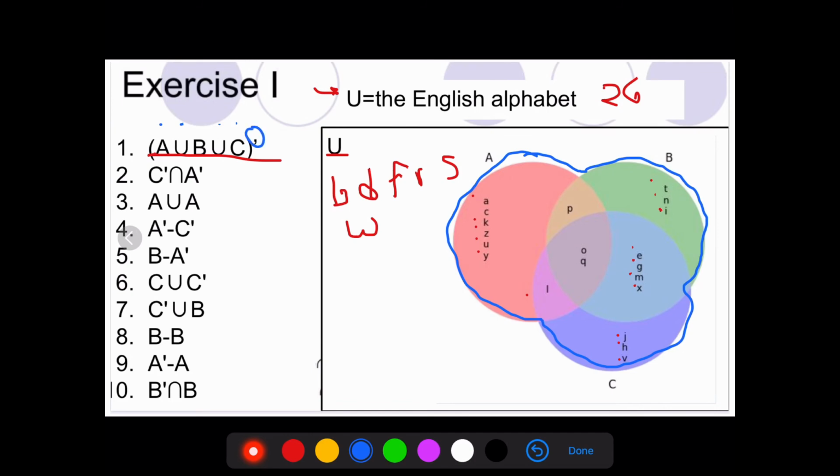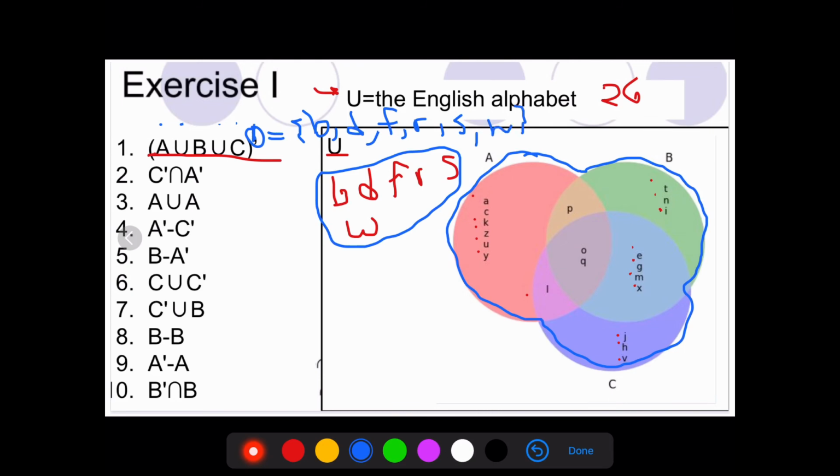And then over here I have this not, we got an autocorrect there, it should be a line like every other one. So the stuff that's not in A union B union C, the complement of that, is this stuff over here. So that's going to be B, D, F, R, S, and W.